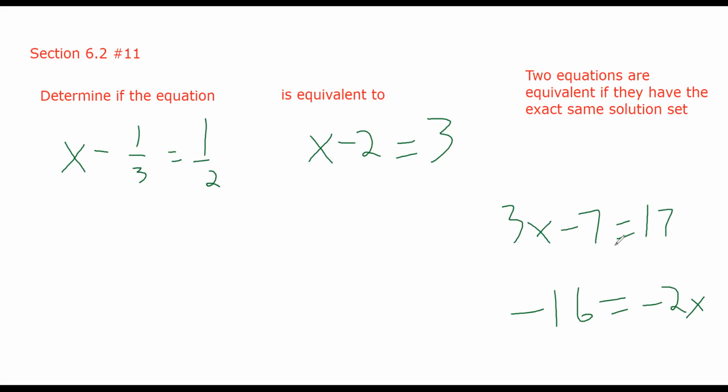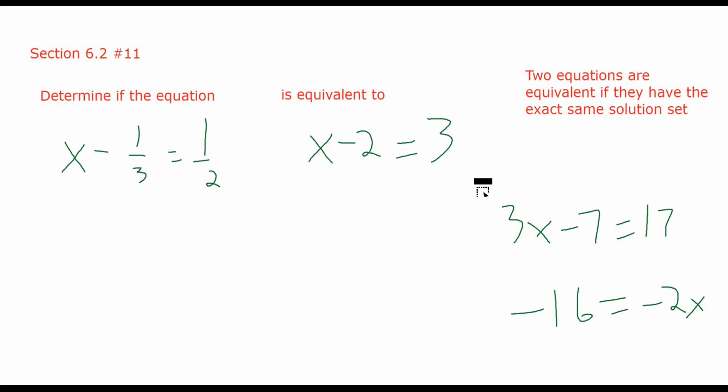But if I were to solve this first equation, I'd add 7 over, get 3x equals 24, divide both sides by 3, get x equals 8. So this first equation has a solution of 8 for x. This one, all I've got to do is divide by negative 2 on both sides, and either way, I'd get x equals 8. So even though they look wildly different, because they have the same solution set of 8, these are actually two equivalent equations.